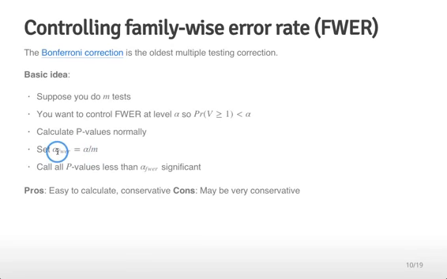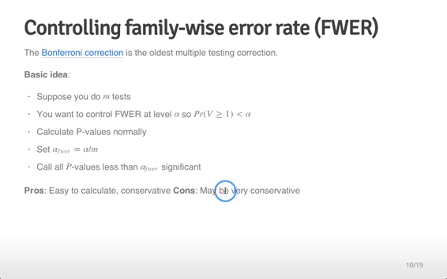So we get this new alpha level, and we call all p-values less than this new alpha level significant. Then that will, on average, control the family-wise error rate. The pros of this method are that it's easy to calculate, and you don't make a lot of errors. It's guaranteed to make very few errors in the sense that the probability of even one false positive is controlled to be quite low.